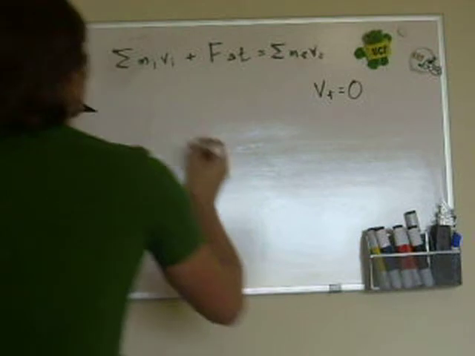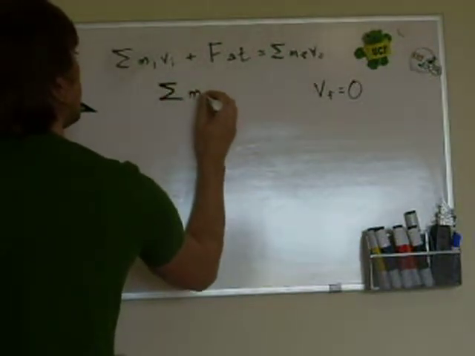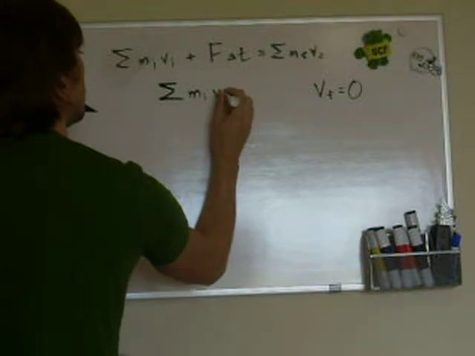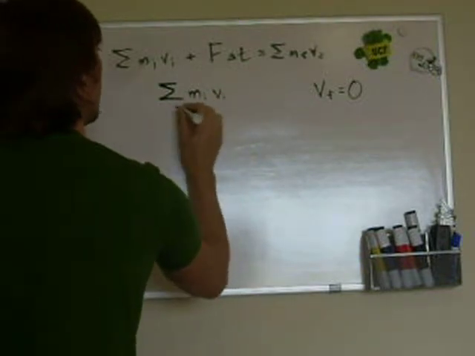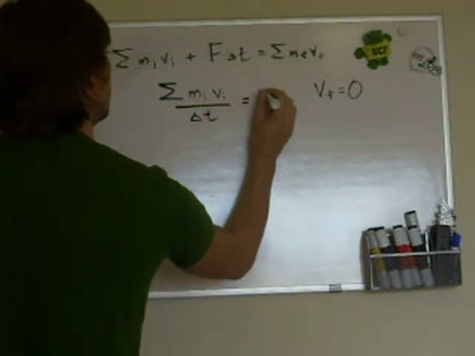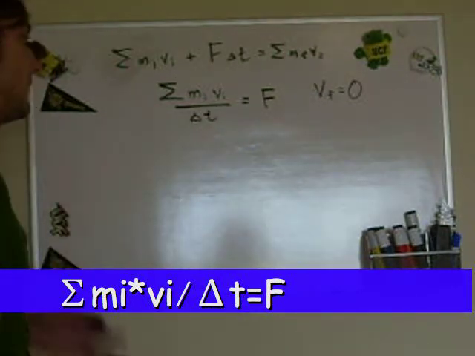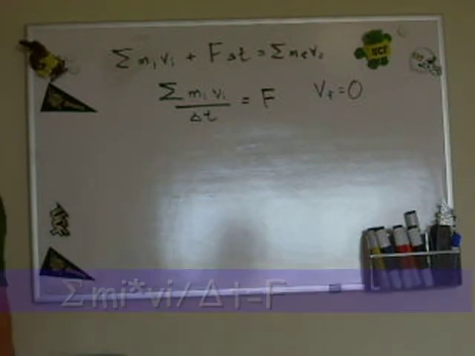Rearranging this equation, we get the sum of the initial mass times the initial velocity over delta t is equal to the force. Now, we could put a negative here, but it doesn't really matter to this equation.